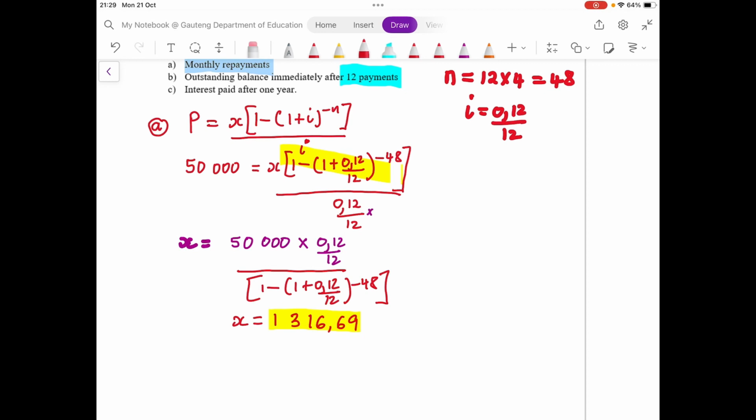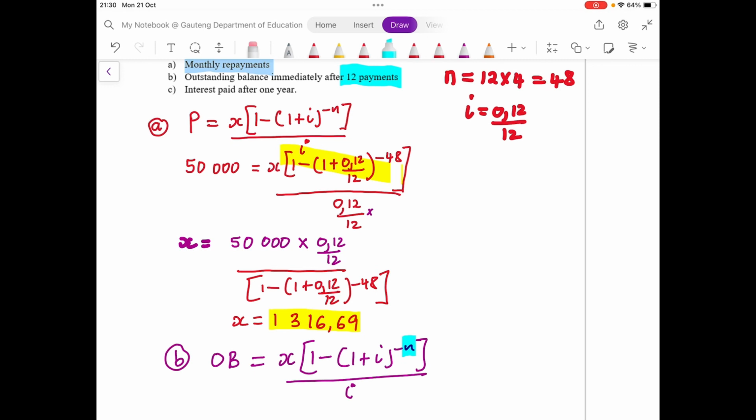The formula for outstanding balance, OB, is equal to X into 1 minus 1 plus I to the exponent negative n, all divided by I. Remember, where there is n, we just put the number of remaining payments.